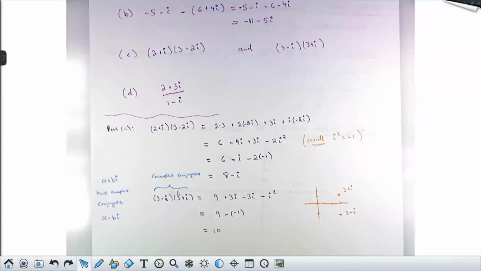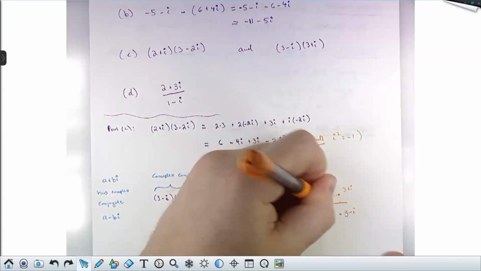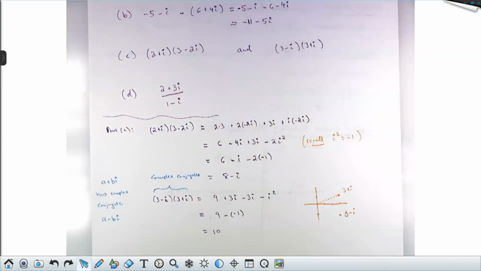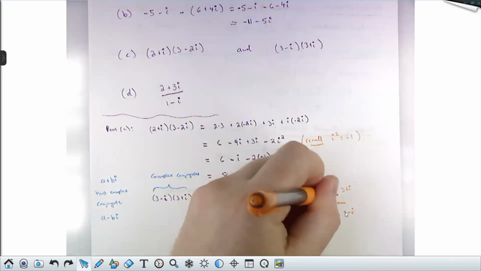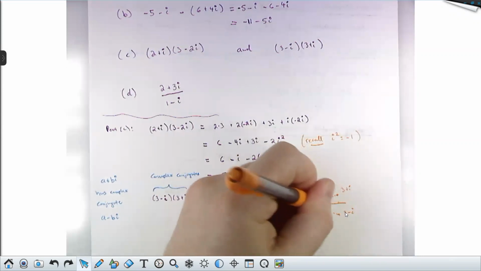Complex conjugates are always symmetric about the real axis, because changing the positive i to a negative i just flips you from up here to down here. And the modulus of the complex number is the distance from the origin to that number, which in this case would be the square root of 10. And it's the same for this one.